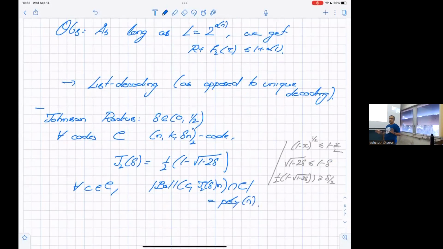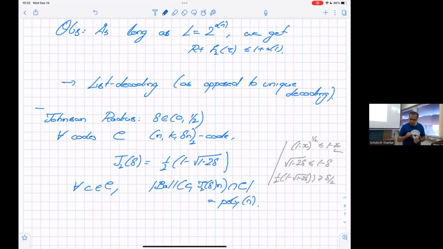This is true for every single code. You can expand the radius from delta by 2 to this number tau, which is always larger than delta by 2. Notice it becomes very close to delta by 2 when delta goes to 0, so this inequality has become very tight, since x squared by 4 is tight as delta goes to 0. For delta very close to 0, these two bounds will be the same, but otherwise this is always a better bound.